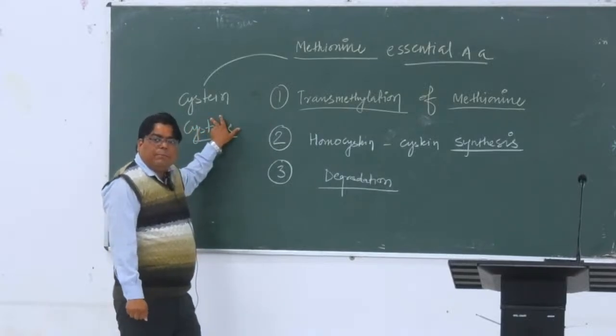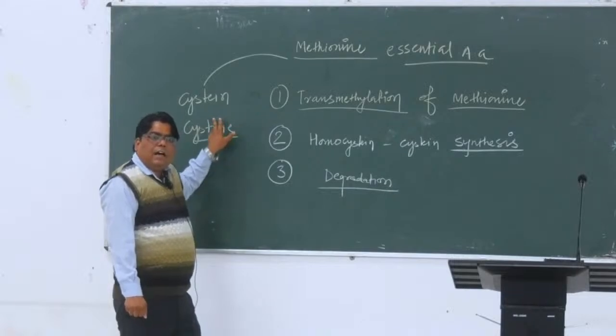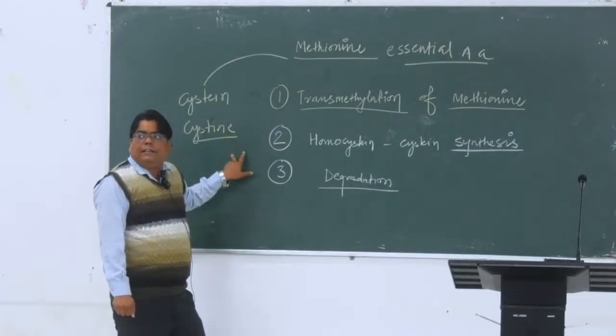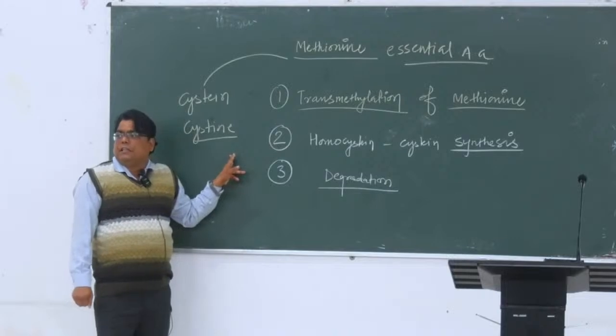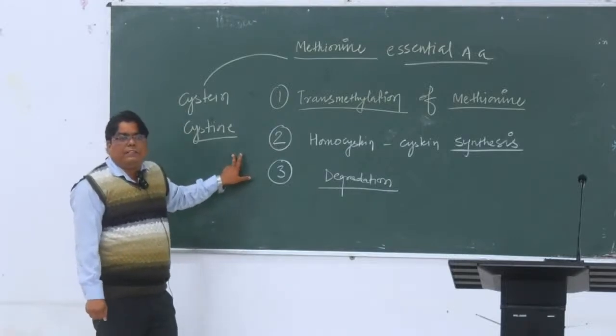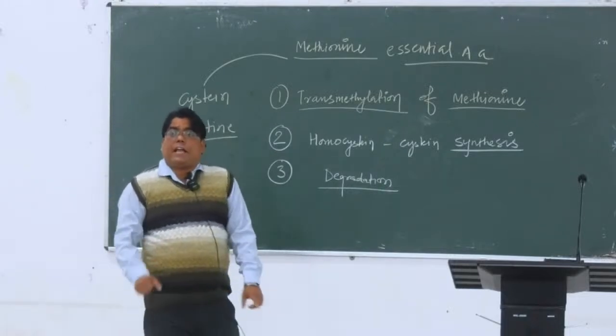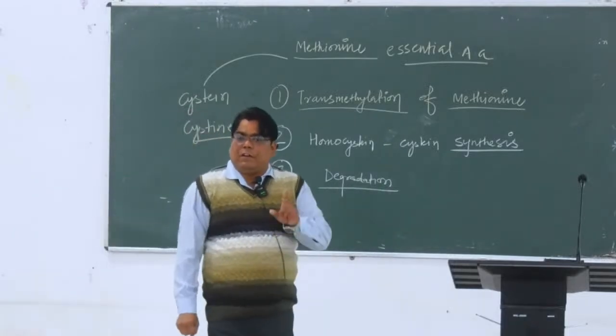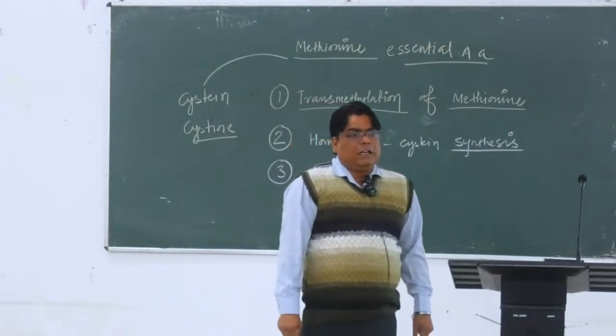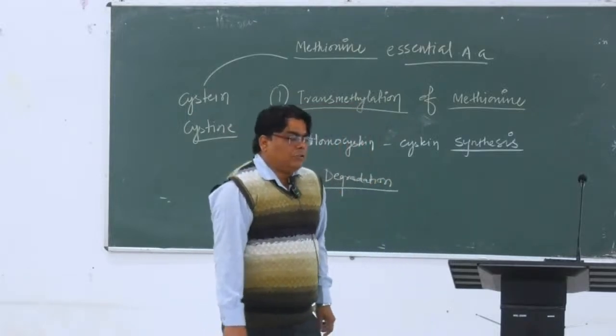This is a major concept of this metabolic pathway. And after the synthesis, how it is degraded, where it is used. As I already told you, it is a glucogenic amino acid, which definitely means that it can synthesize a substrate which directly participates in the formation of glucose.